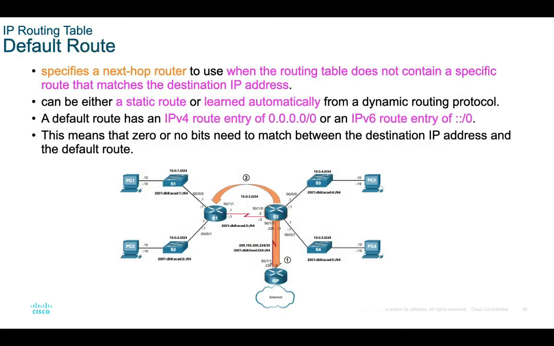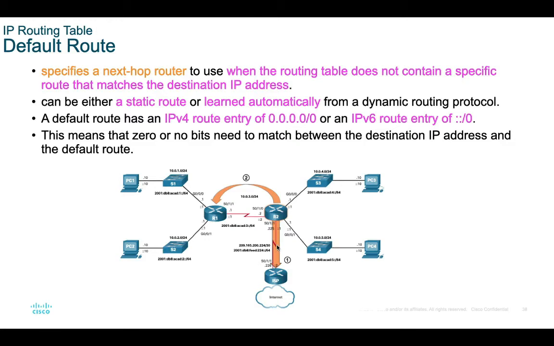Okay, a default route. A default route actually is a gateway of last resort. We just configure a static route with the network 0.0.0.0 and their subnet mask is 0.0.0.0. For IPv6, we just present it with ::/0.